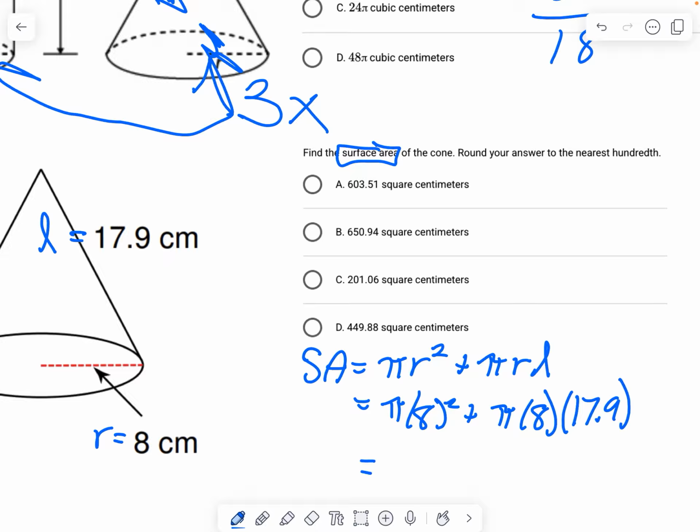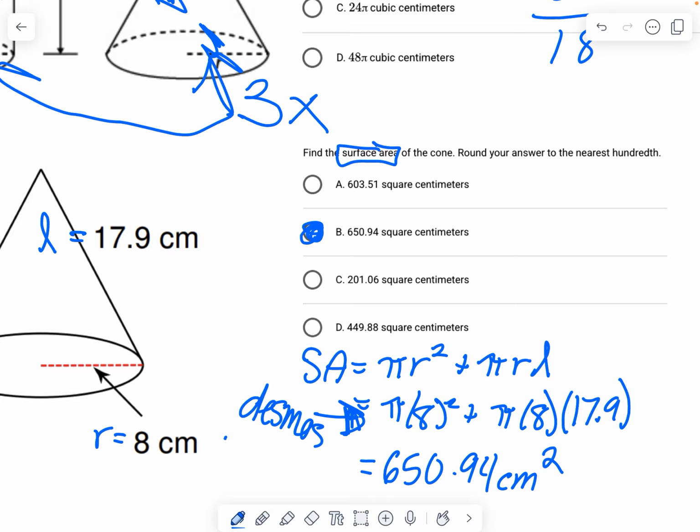I believe we should get 650.94 centimeters squared since we're talking about area. So the one that would match that is our B. Again, just plug this exact thing into our Desmos, a handheld calculator, whatever you want to use. We'll get the exact same answer. Okay, beautiful.